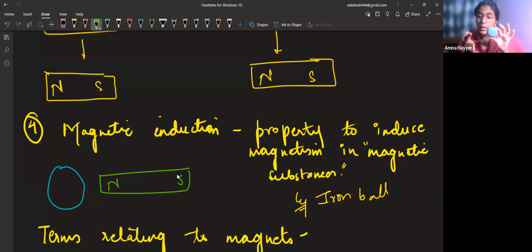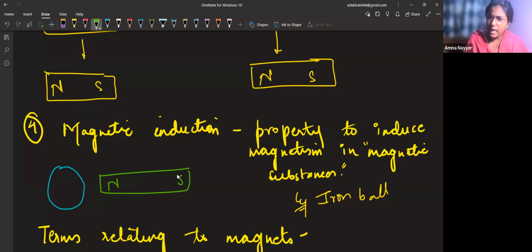So this is the property to induce magnetism in magnetic substances. Magnetic substance means if this is an iron ball, then only it will get magnetized. Certain substances are there which have the tendency to get magnetized. Some substances are there which can never be magnetized. If I take a piece of wood and I try to rub it with a bar magnet, with a horseshoe magnet, different types of magnets which are present, nothing will happen in the wooden piece.